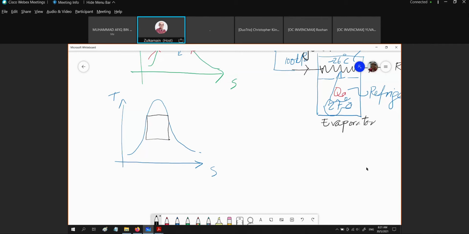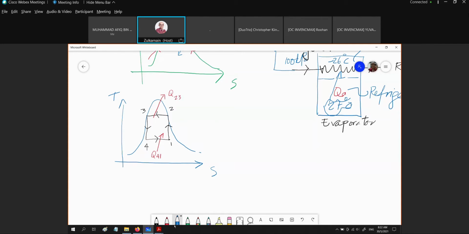So let's say this is point 1, this is point 2, this is point 3, this is point 4. Right here, we are going to have the heat absorbed, Q41. Here we have the Q reject, which is Q23.